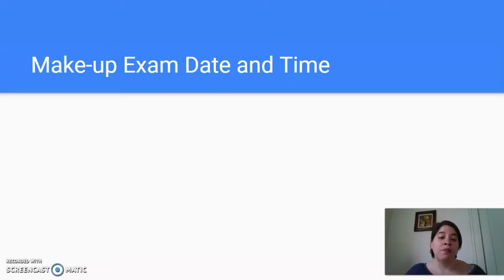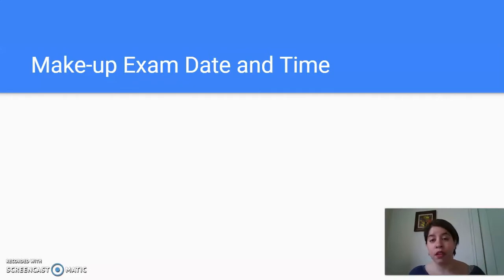All right, makeup date and time. So should you not be able to take the test on May 15th, there's going to be a makeup date. Now, the only real reason why you shouldn't be able to take the test on May 15th is that you don't have the technology available. But of course, we're going to try to make sure that you do have the technology available, and that is why I'm posting this video up today, to give you enough time to get it ready, to get it together, to reach out to the appropriate people, for those of you that don't have access.